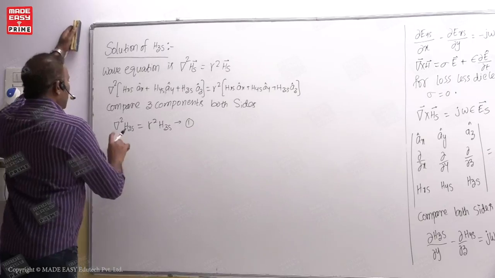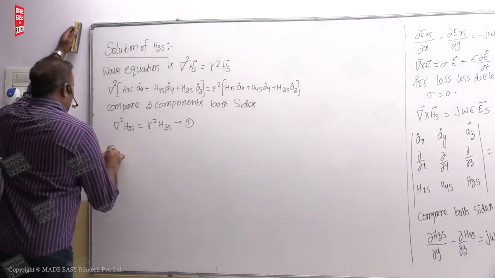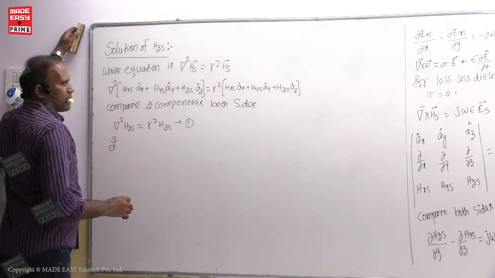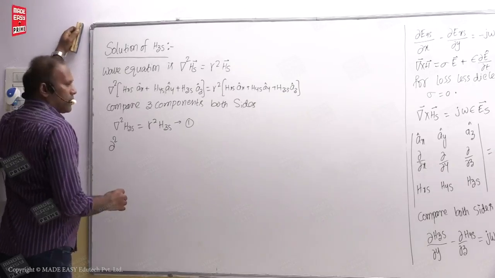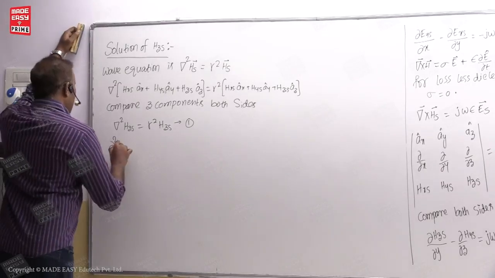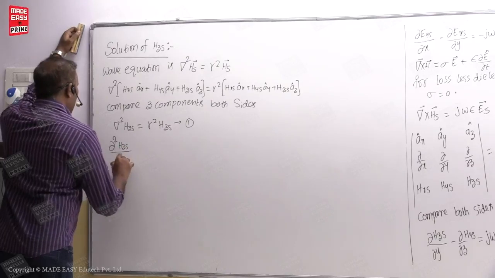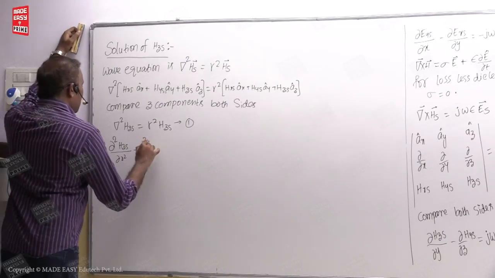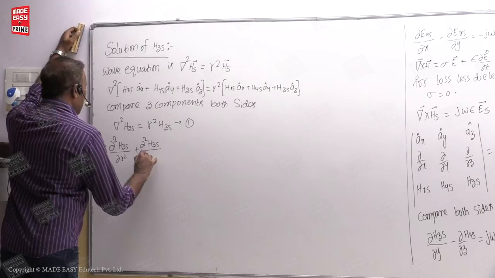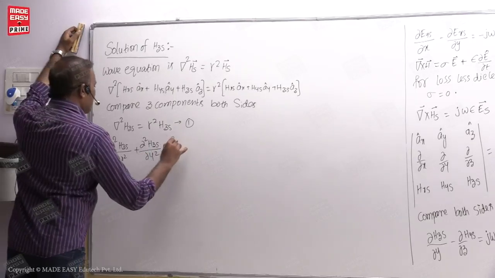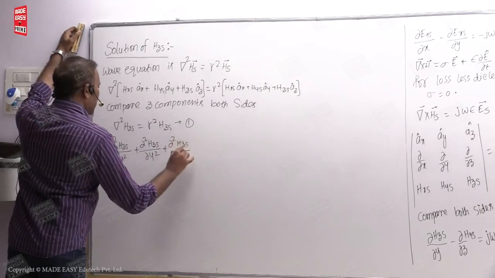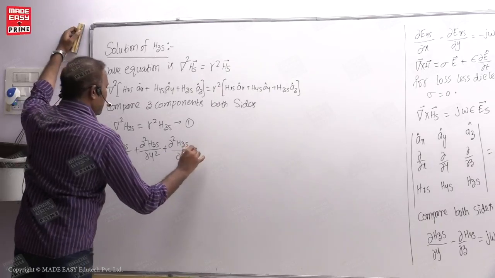Here this del square is nothing but, in the rectangular system, dou square by dou x square plus dou square by dou y square plus dou square by dou z square. So dou square Hzs divided by dou x square plus dou square Hzs divided by dou y square plus dou square Hzs divided by dou z square.